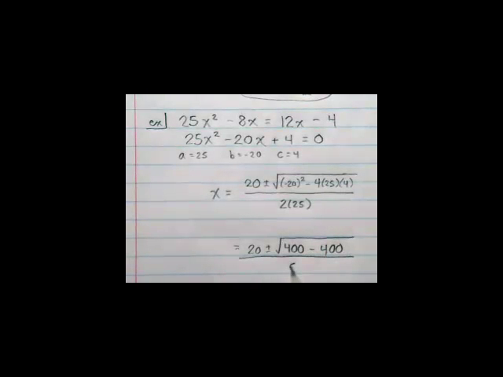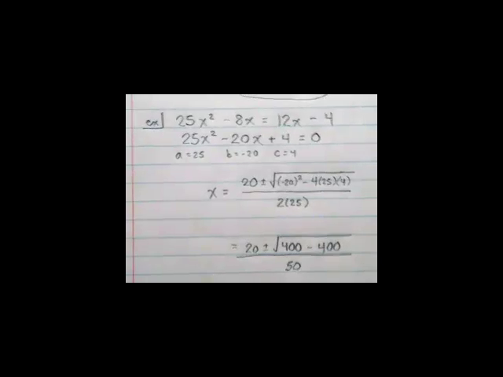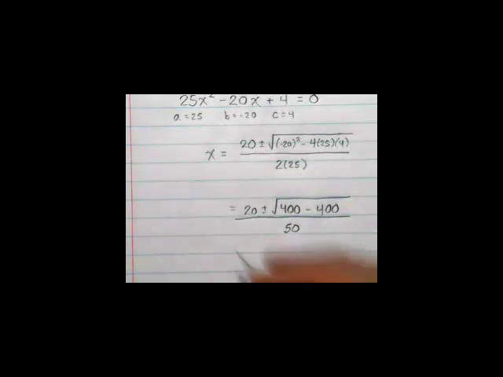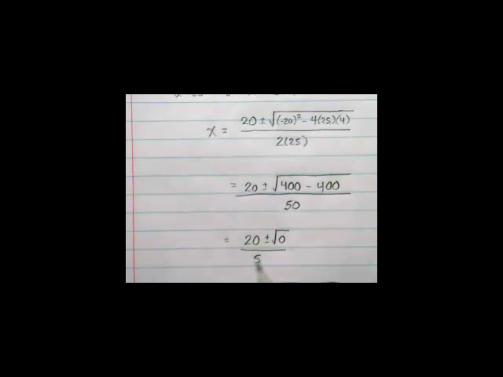There's only one solution. Because we end up with 20 plus or minus the square root of 0 over 50. The square root of 0 is 0. And what's 20 plus or minus 0? 20. So it's just 20. It's on the top. That's it.